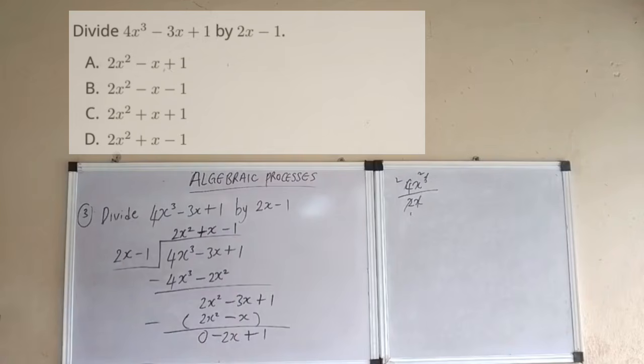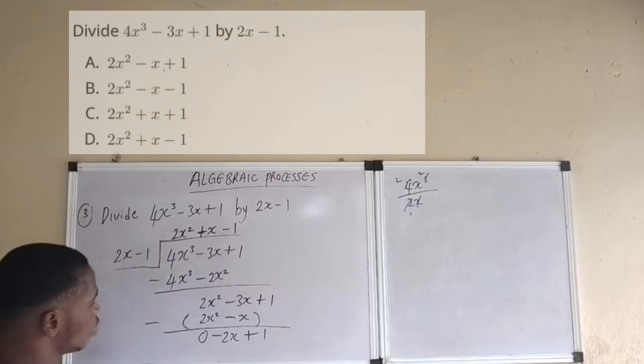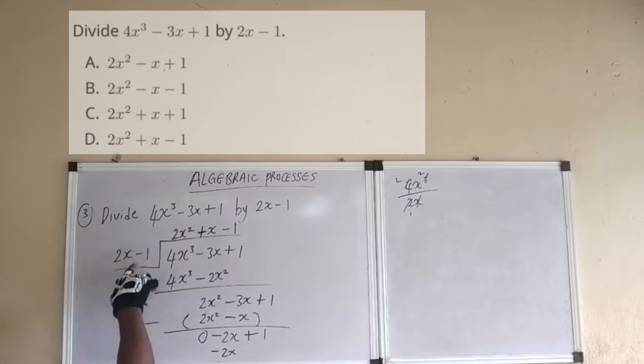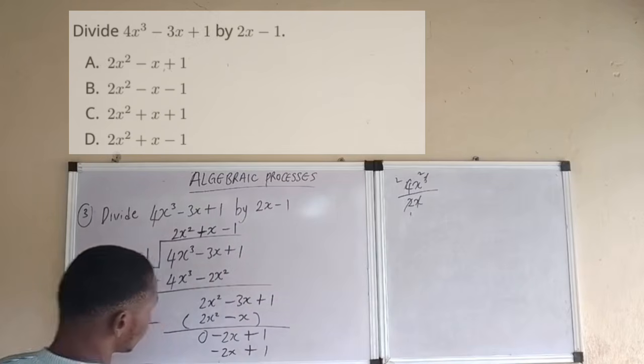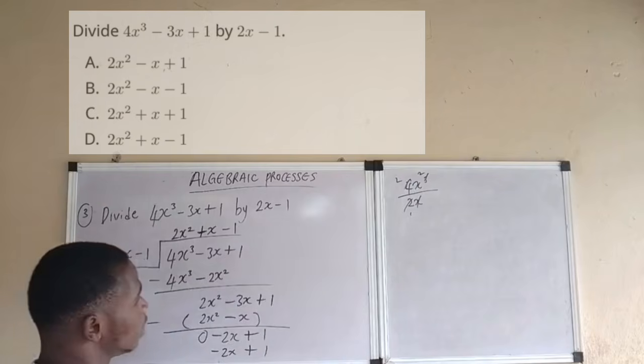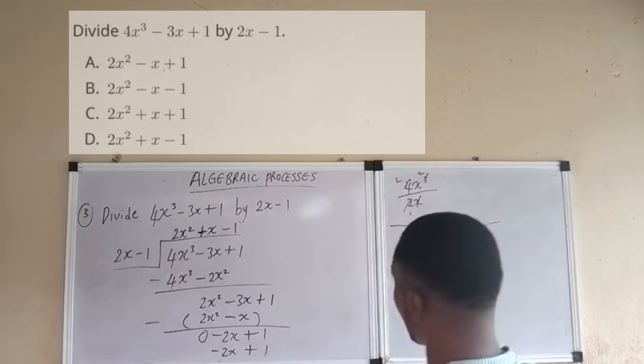So you write the quotient up, you use it to multiply everything, to expand the denominator again. Minus 1 times 2x is going to give you minus 2x. Then minus 1 times minus 1 is going to give you plus 1. I'm going to continue from this portion.